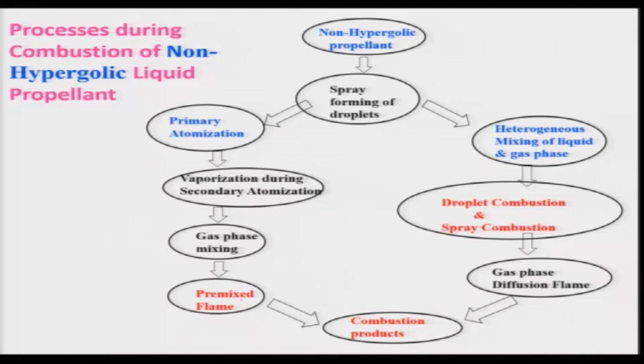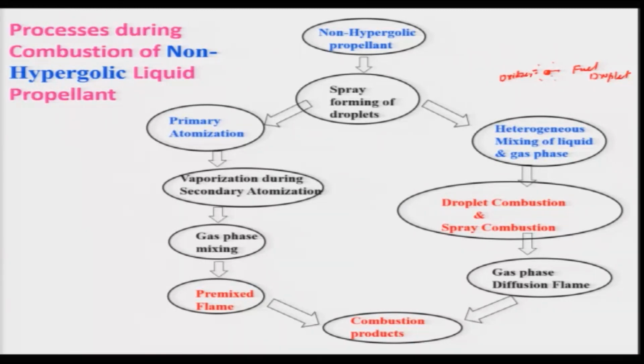That is a flame which may be there in between. Let us consider another situation where heterogeneous mixing of liquid and gas phase will be occurring. So, there might be droplets. This is your fuel droplet, and there is a gas oxidizer.